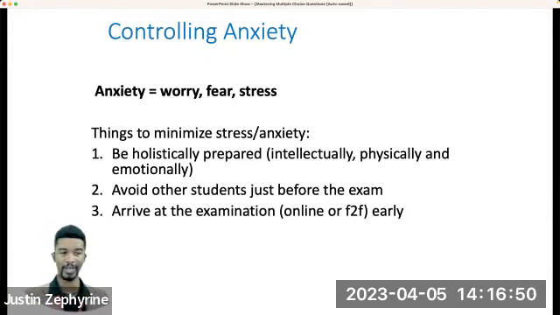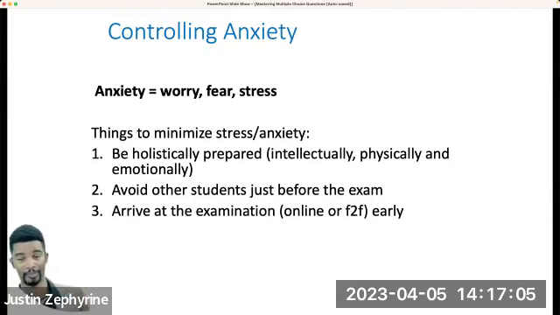But to minimize that, you want to be holistically prepared. What do I mean by holistically prepared? You don't want to know the content, so you're intellectually prepared, but then you're physically drained and you fall asleep in the exam. Has anyone ever fallen asleep in an exam? Because the psychological and emotional part of it, or mental part of it, you're just drained.